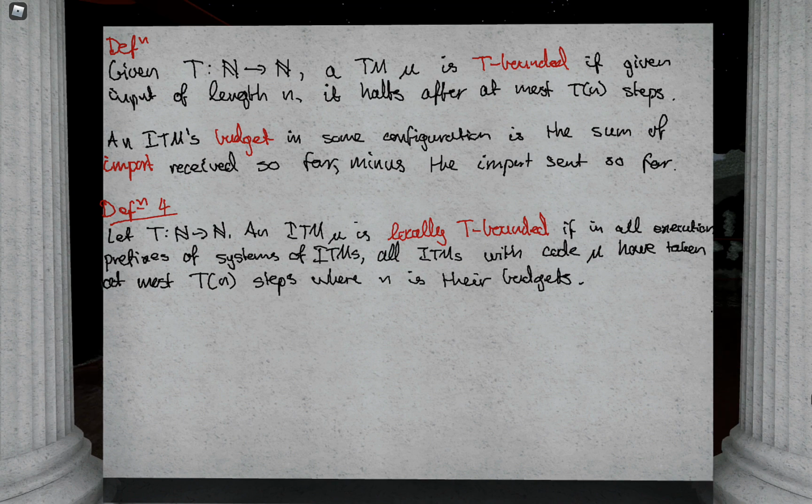Now we're going to recursively define t-bounded in terms of this. The idea behind locally t-bounded is that, ignoring any communication that might reactivate it, it hasn't taken more steps than its budget allows.